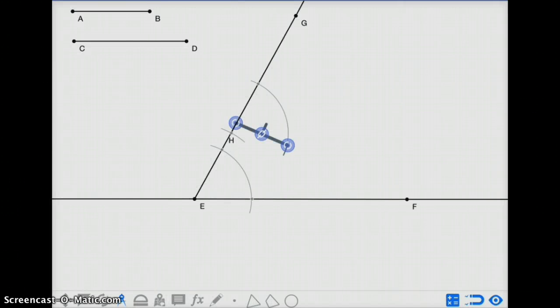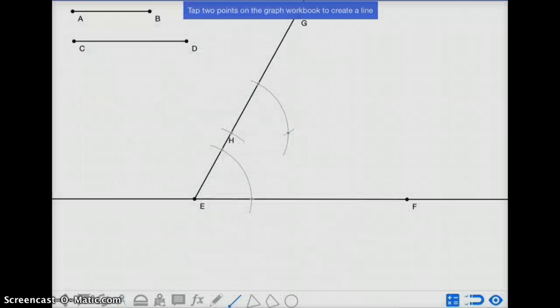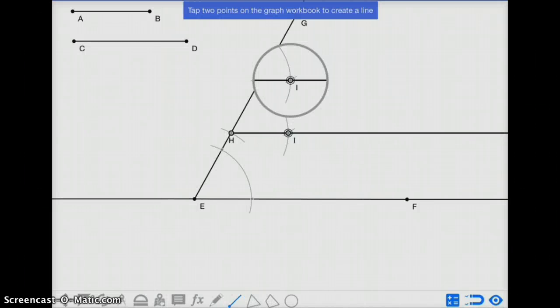Then measure the distance between the two contact points of the first arc, and then put that same distance on the second. So now I'm going to draw a ray through these points, and I have a line that is parallel to my first one.